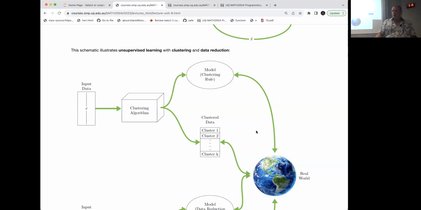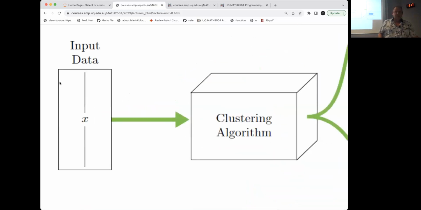A couple of years ago in a consulting project, I used this for helping a company that had customer data. So your input data X would have each row as a customer.